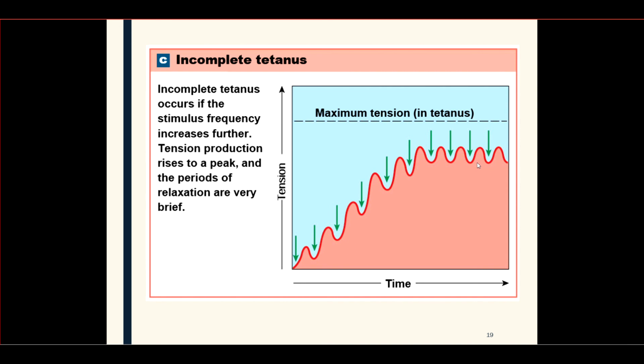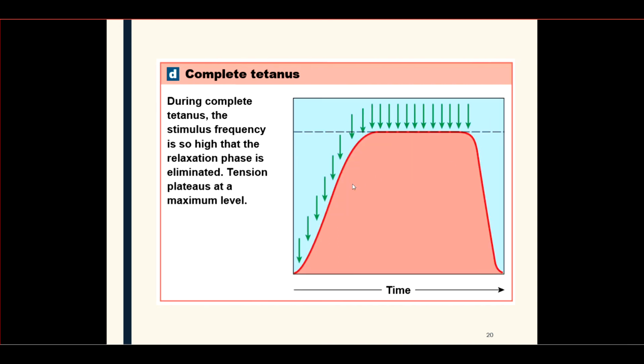But now, if you really crank up the frequency of stimulation, notice eventually you don't see any more relaxation. The frequency is so quick, right? We're stimulating this muscle fiber so fast that we end up getting a plateau here at 100% maximal tension, without any more periods of relaxation.